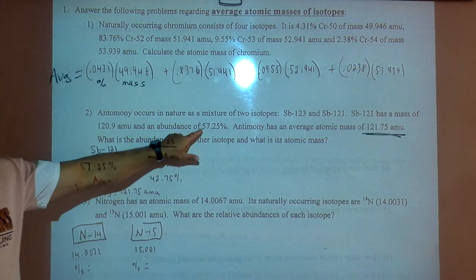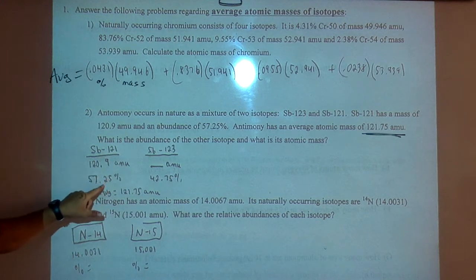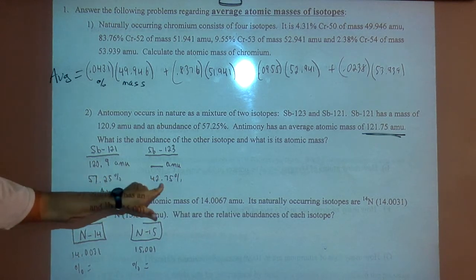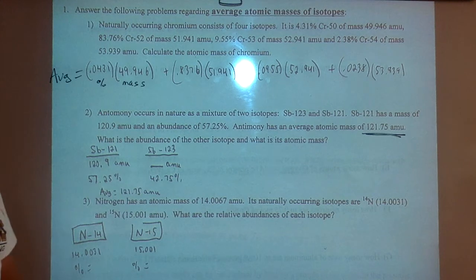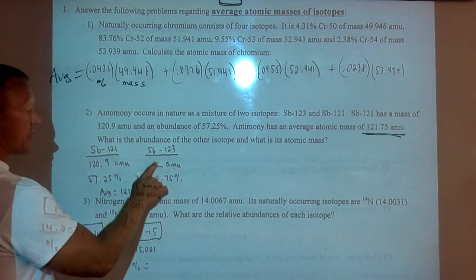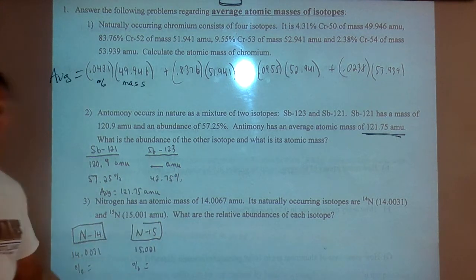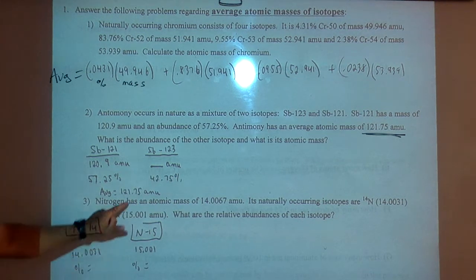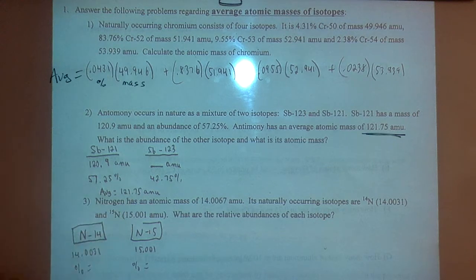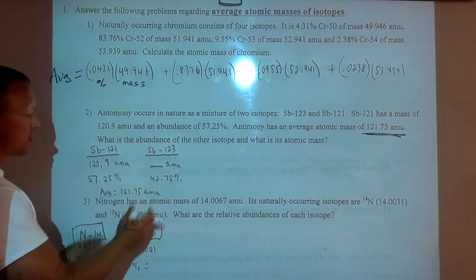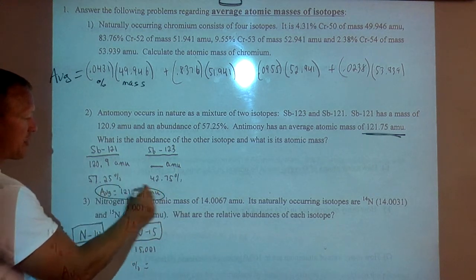Well, we know the percent of this isotope is 57.25%, so 100 minus that, so 123 would be 42.75%. So pretty easy to get that percent. I don't know what this mass is. Obviously, it's going to be close to 123, 122 point something probably. But I do know the average. So the average of these isotopes and those isotopes is that.